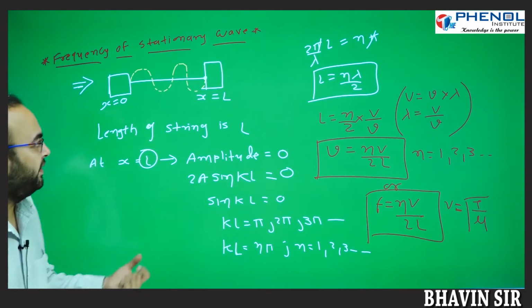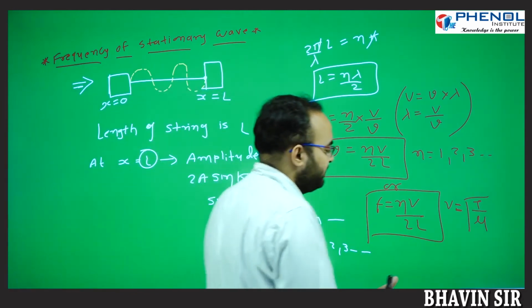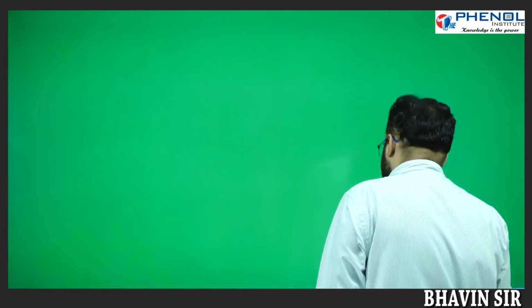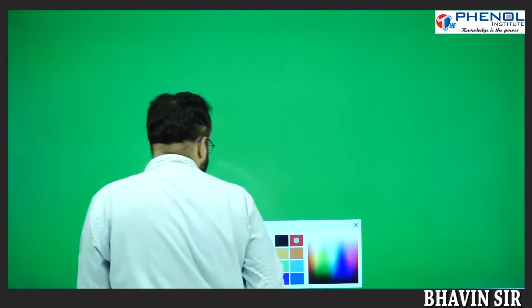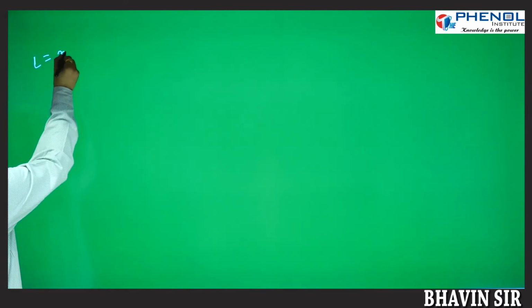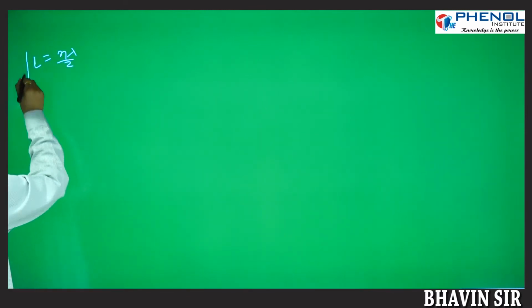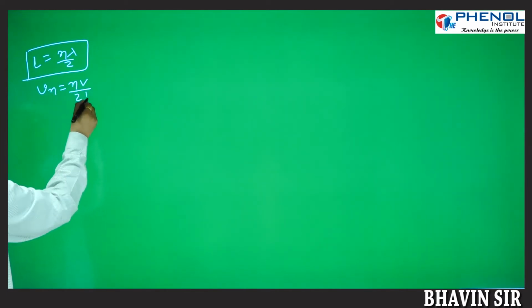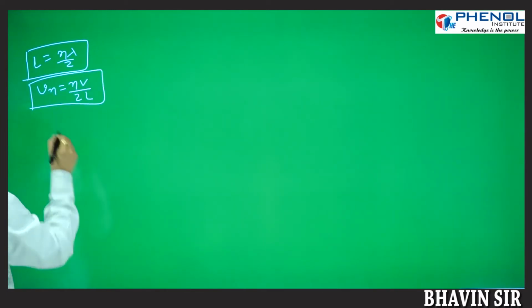So now again we obtain our fundamental frequency, first harmonic and so on. Now we have two formulas: L is equal to n lambda by 2, and frequency nu n, or you can write f n, is equal to n v by 2L.